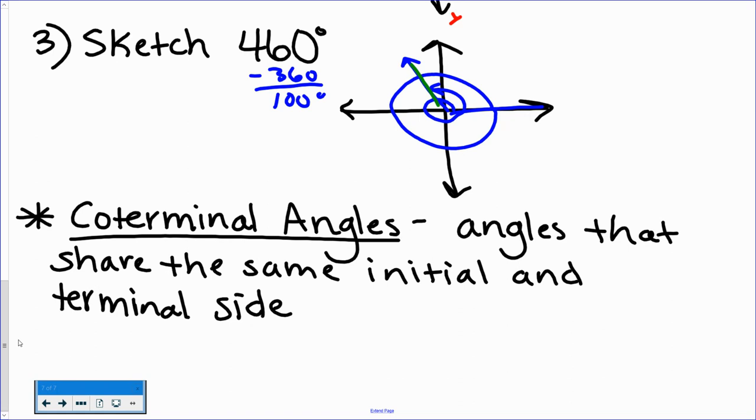And our example from above would be 460 degrees and 100 degrees. Those are coterminal. They started in the same location and ended in the same location, even though they are different angles. That will be valuable information for us moving forward into what we're doing next week.